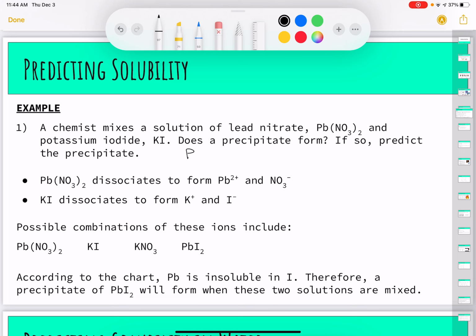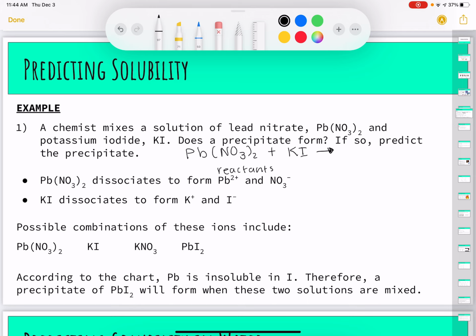So they're saying basically that if we mix this with this, these would be our reactants. It's asking if we mix those together, would a precipitate form?